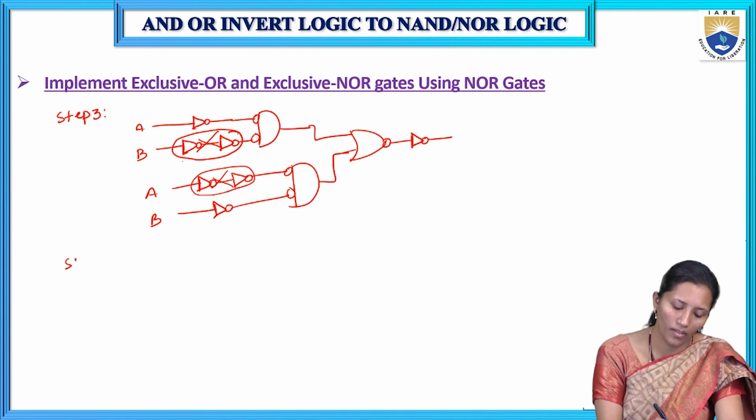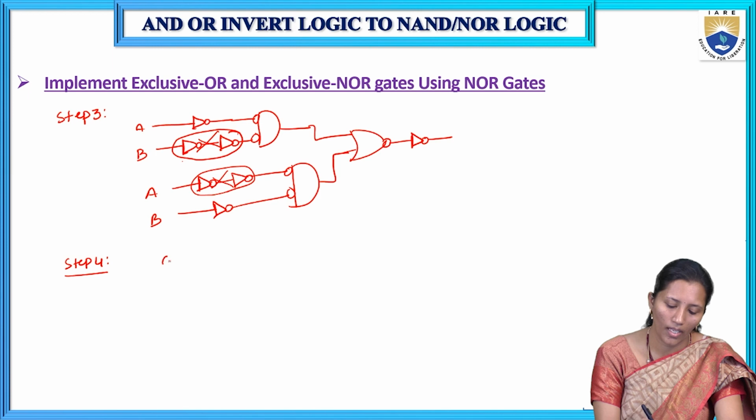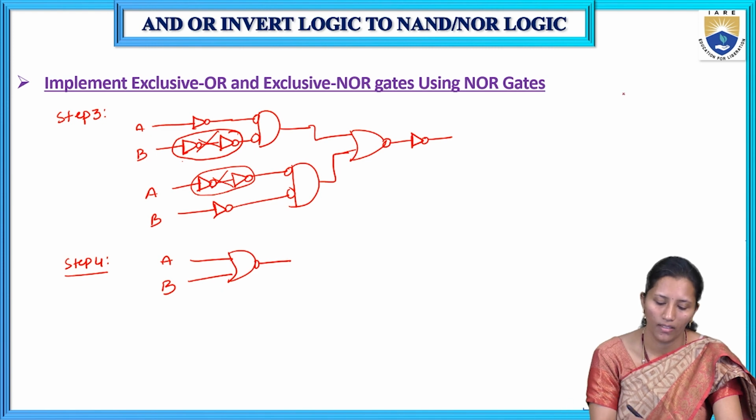So in step 4, each gate, if we have a NOT gate and any bubbled AND gate, we should represent that in terms of NOR gate, because we are implementing XOR gate in terms of NOR realization. So each gate should be represented in terms of NOR gate only. A, B, bubbled OR is equal to the NOR gate. We will see here.